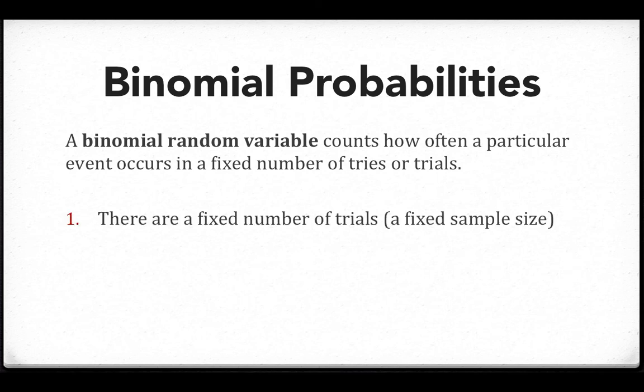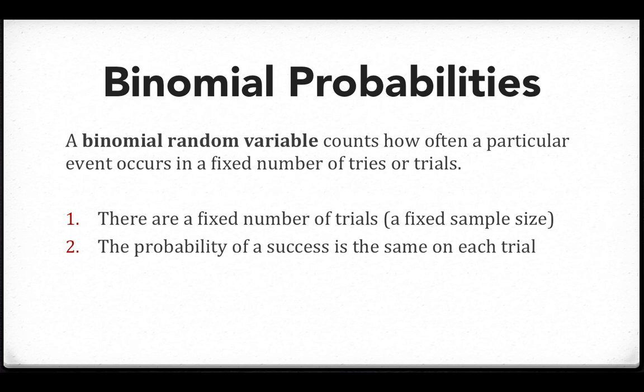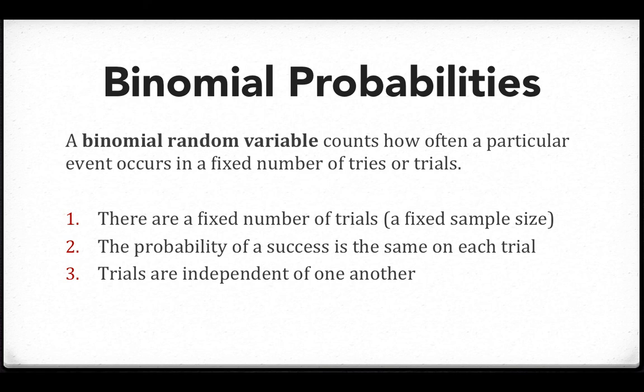There must be a fixed number of trials, in other words, a fixed sample size. The probability of success is the same on each trial. In other words, the value of p, or the probability of a success, stays the same. And finally, the trials must be independent of one another. So the result of one trial cannot have any impact on the result of any other trials.